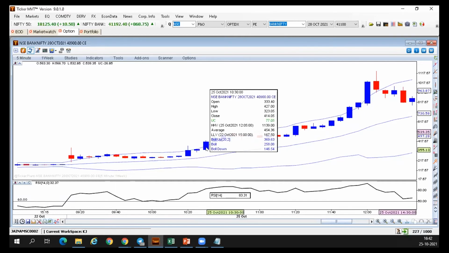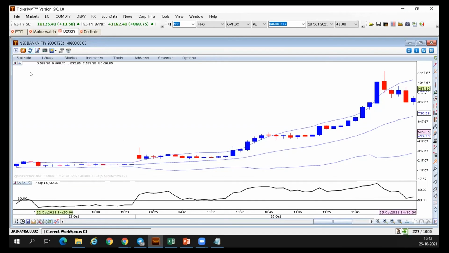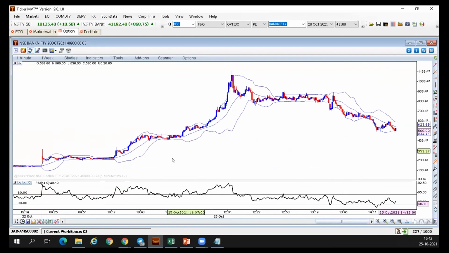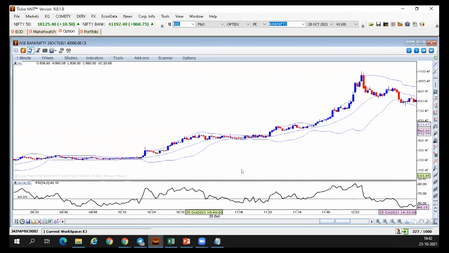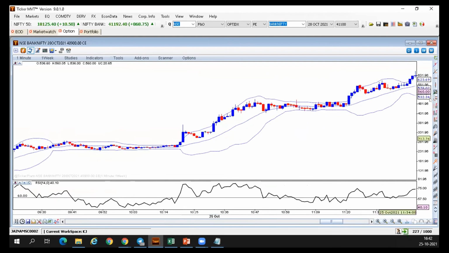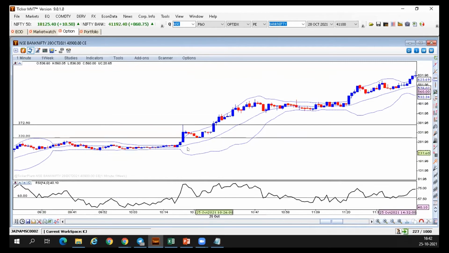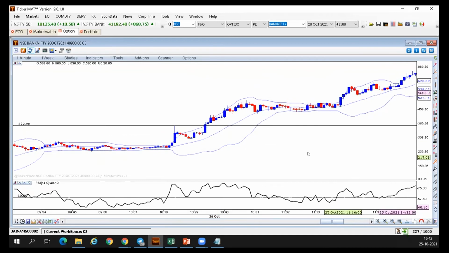Here is the chart, and then the journey started from here. Right from here it started, and look at the trade.